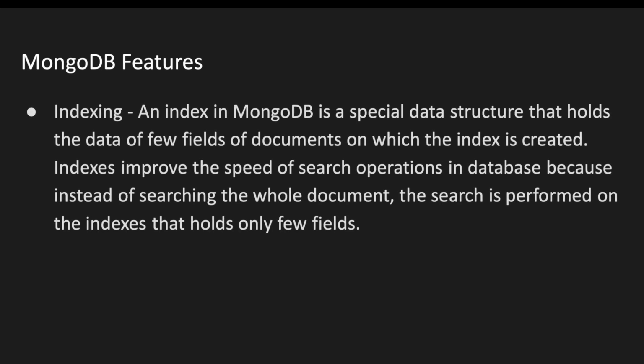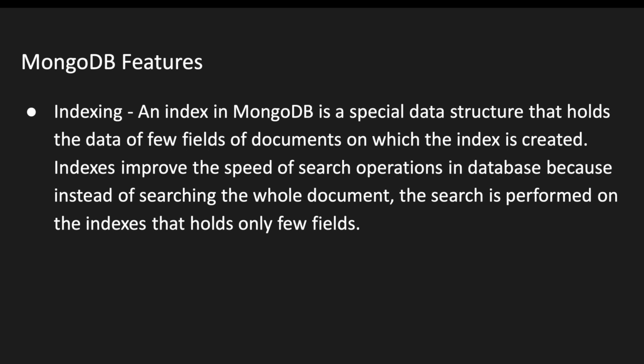Next feature is indexing. An index is a special data structure that holds data of a few fields of documents on which the index is created. Indexes improve the speed of search operations in the database because instead of searching the whole document, the search is performed on the indexed fields.